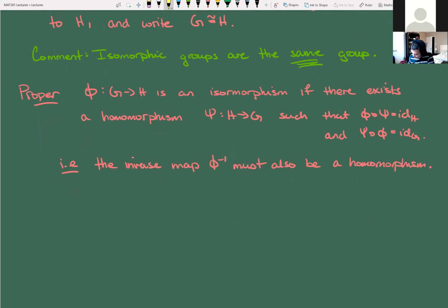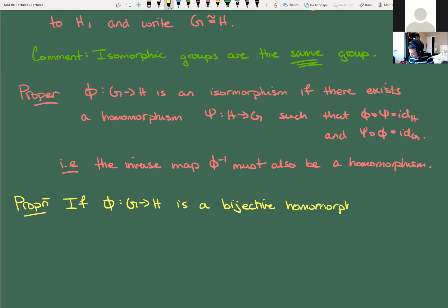So I claim if phi from G to H is a bijective homomorphism, i.e. an isomorphism, then its set theoretic inverse. Okay, this isn't a group theoretic inverse. This is its set theoretic inverse. This is just a function. So the result that I'm proving is that this is also a homomorphism.